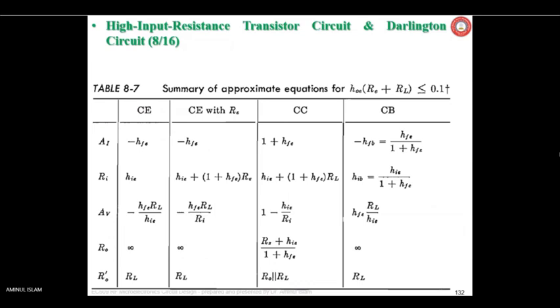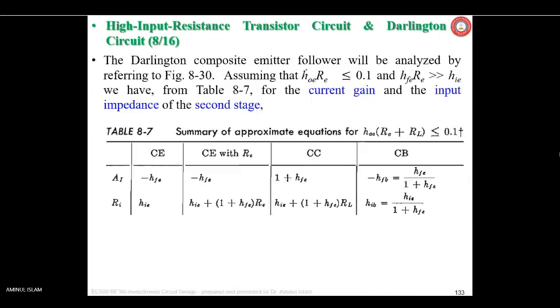A summary of this table is shown earlier. The Darlington composite emitter follower will be analyzed by referring to figure 8.30, which will come now.